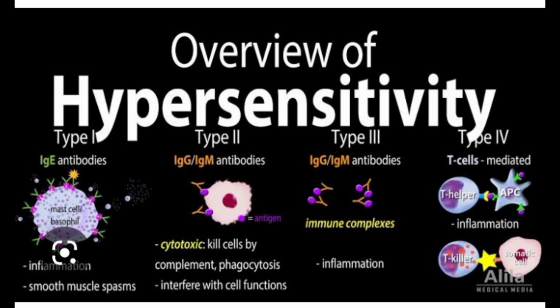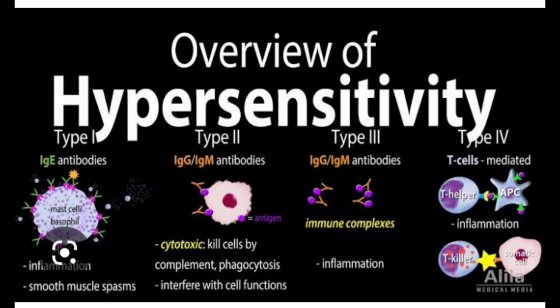The primary mediators include histamine, serotonin, eosinophil chemotactic factor of anaphylaxis, proteases, and hydrolases. The secondary mediators include slow reacting substances of anaphylaxis, prostaglandins, thromboxane, platelet activating factor, and cytokines.